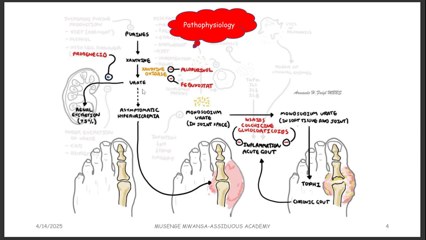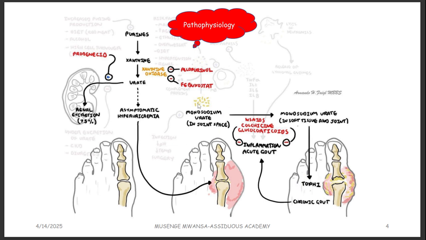And when you have this urate, the monosodium urate, they are going to be deposited in joints. Okay. The monosodium urate can, of course, also end up in soft tissue and in the joints, which causes what we call tophi.